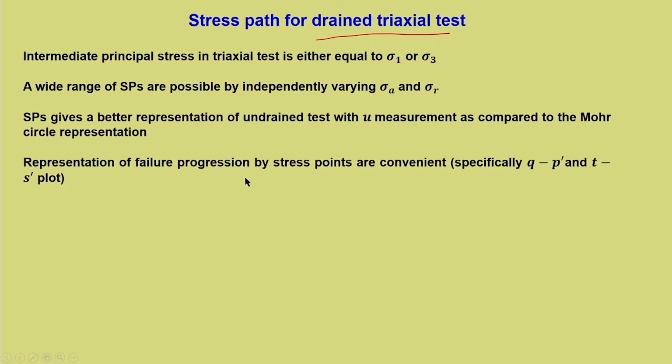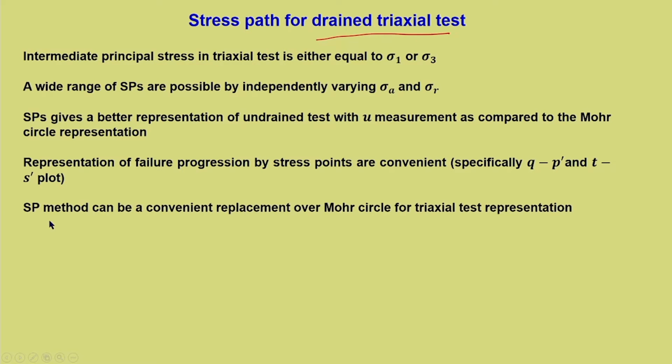Representation of failure progression by stress points is convenient, specifically when we do it on the q-p' and t-s' plot. Hence, the stress path method can be a convenient replacement of the Mohr circle for triaxial test representation. But having said that, we need to keep in mind that if our primary objective is to obtain shear strength parameters, even plotting the Mohr circle or t-s' plot would do.